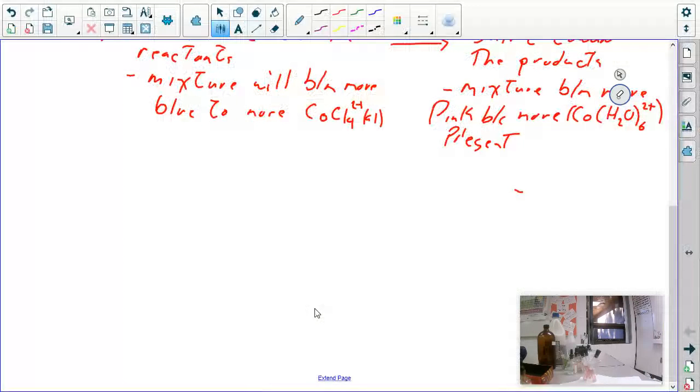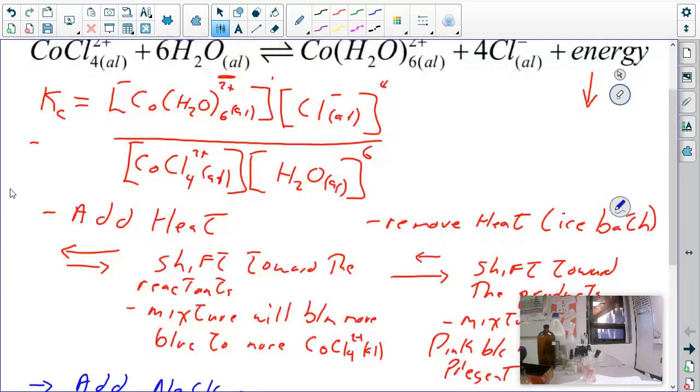Where I want to go. Now, my next part of the experiment is going to be adding aqueous sodium chloride to the system. So everybody type in which way you think it's going to go, products or reactants. So we're adding sodium chloride to this system.